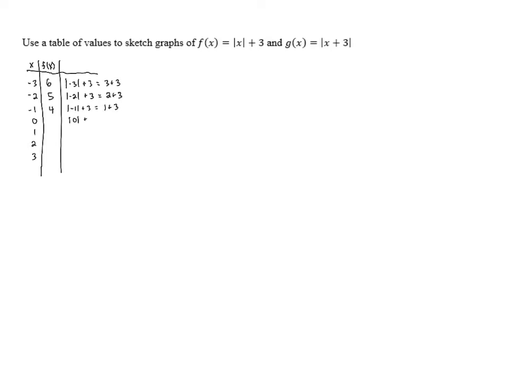The absolute value of 0 is 0, and 0 plus 3 is 3. The absolute value of 1 is 1, 1 plus 3 is 4. The absolute value of 2 is 2, 2 plus 3 is 5. And the absolute value of 3 is 3, and 3 plus 3 is 6.